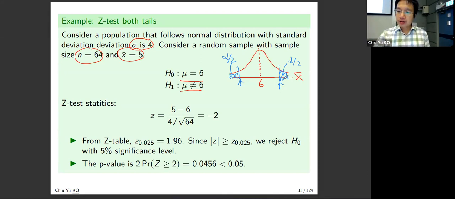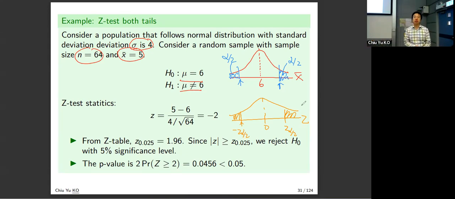If you convert this to Z, this is 0, so you will see it is Z alpha over 2, and that is negative Z alpha over 2. As long as the data is in this region, then you reject, otherwise you don't. Is that clear?